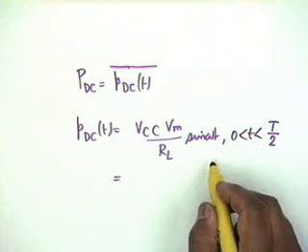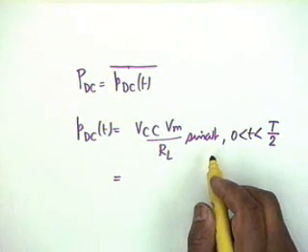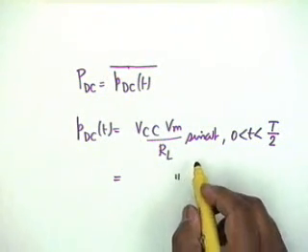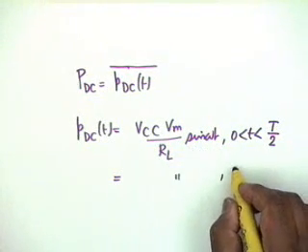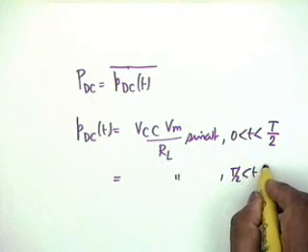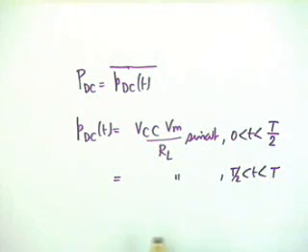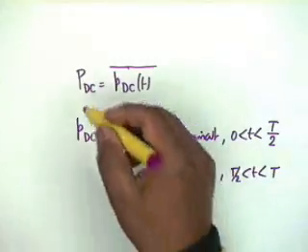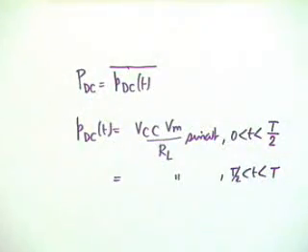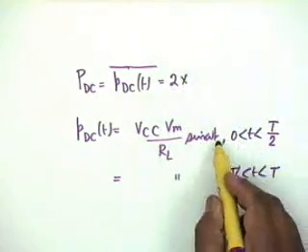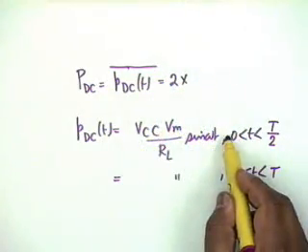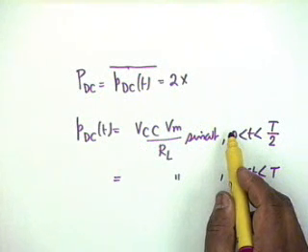And when Q1 does not conduct, Q2 conducts, the instantaneous power expression is the same. So this would be for T by 2 less than t less than capital T. In other words, the PDC, which is the average value of small PDC(t), would be twice the average value of this expression over half the period, 0 to T by 2.